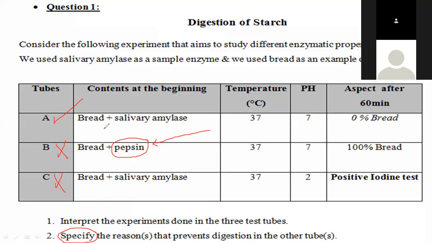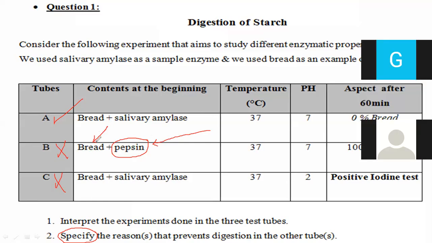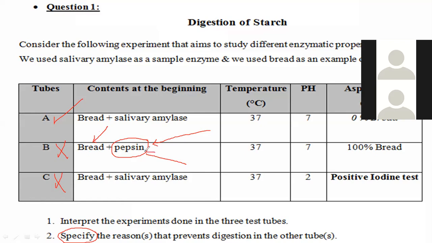But here we have bread, so it's not the specific substrate for it. That's why there is no digestion. No digestion since pepsin doesn't work on bread. Pepsin works on protein, and we don't have protein here. While in tube C, we have bread plus salivary amylase at temperature 37.